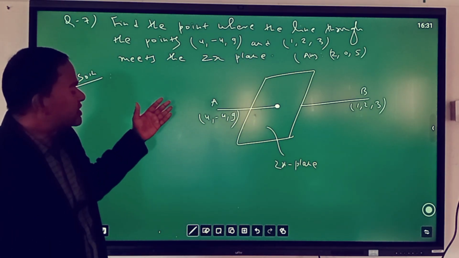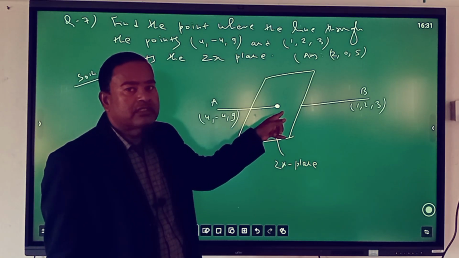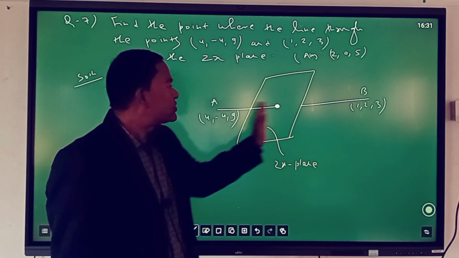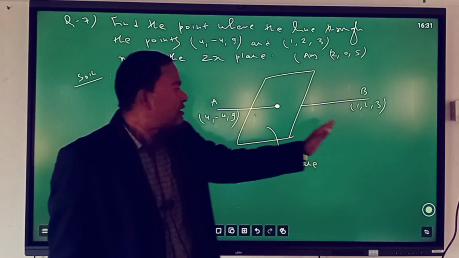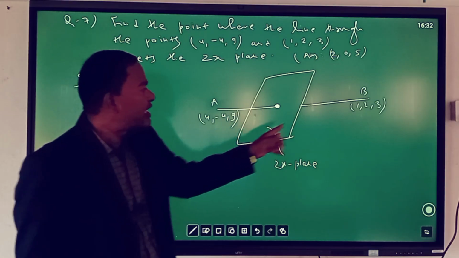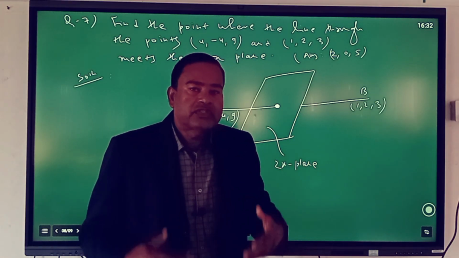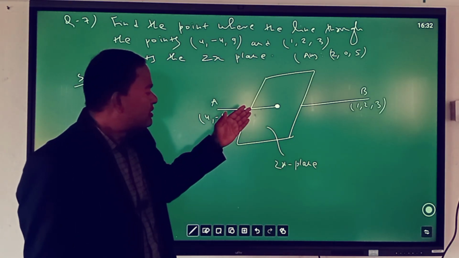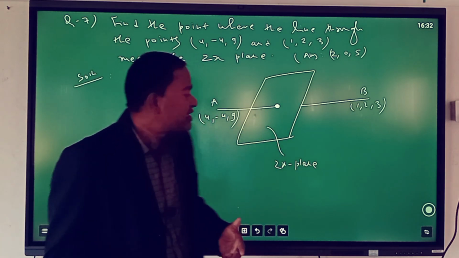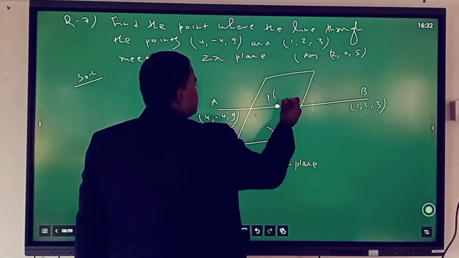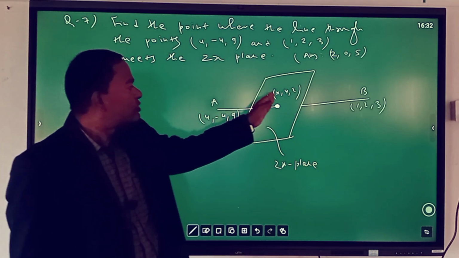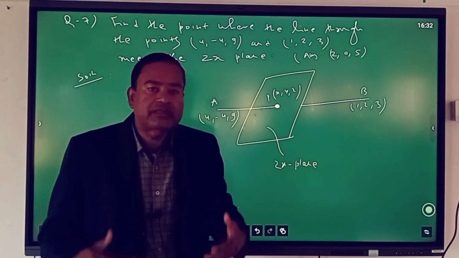Now according to the question, we have to find out the point where the zx plane meets the line segment joining the 2 points 4, minus 4, 9 and 1, 2, 3. So let's suppose that the zx plane meets the join of the given 2 points at the point P, and let us suppose the coordinates of the point P is x, y, z.